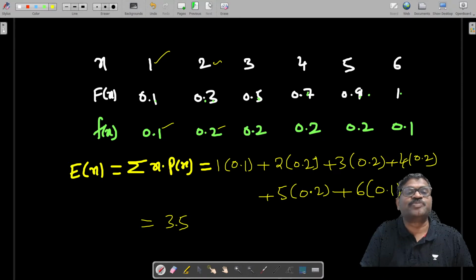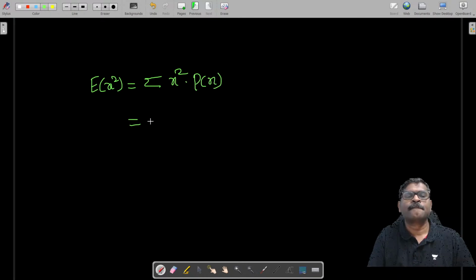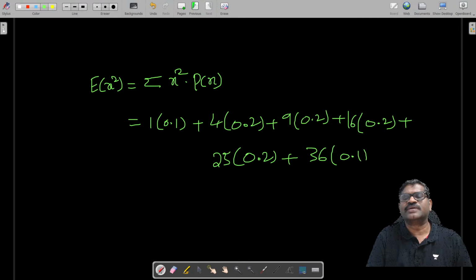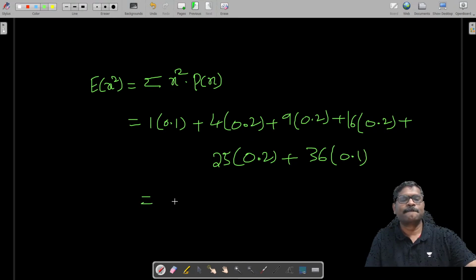Next, what about expectation of x square? 1 square into 0.1, 2 square into 0.2, 3 square into 0.2, 4 square into 0.2, 5 square into 0.2, 6 square into 0.1. Simplify this: 14.5.